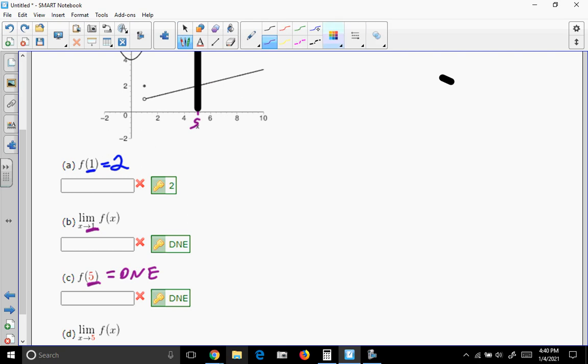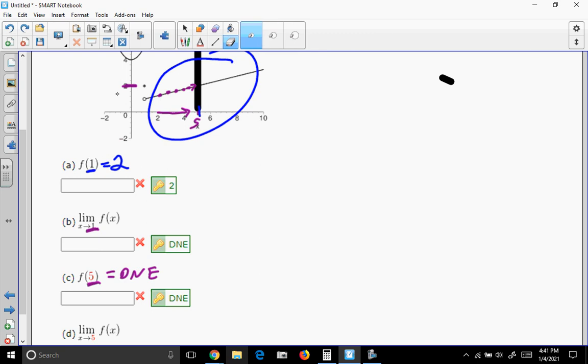So let's look around an x value of 5. If I start over here, and I let my x value get closer and closer to 5, then it's following my curve up to here. It's following it that way. And that looks like we're getting closer and closer to a y value of 2.